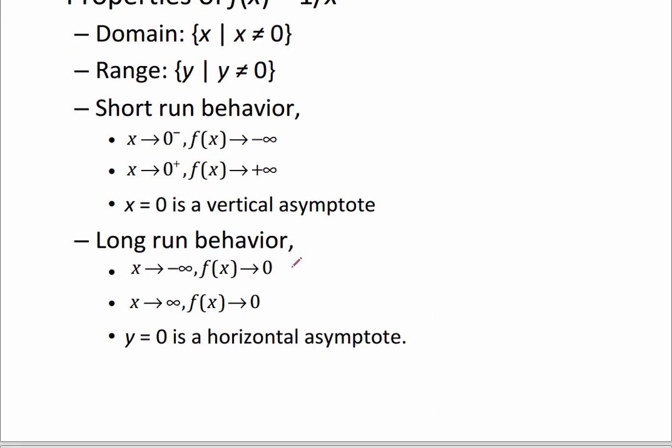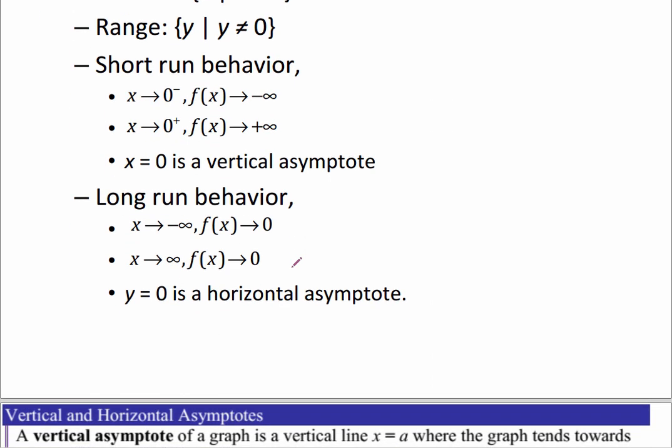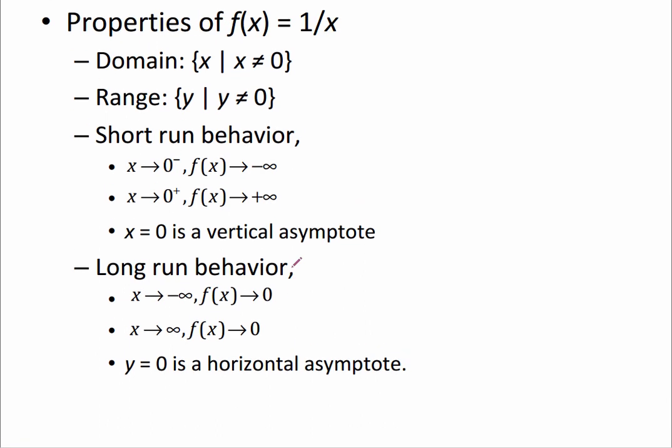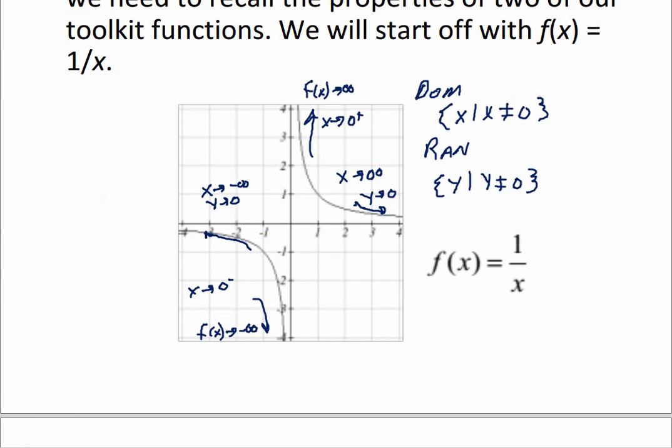All right, and so what happens there is that since x is not equal to 0, we have a line of demarcation that you cannot pass through. That line is referred to as a vertical asymptote. If I came in here and drew that in my graph, this vertical line right here, this y-axis is a vertical asymptote.